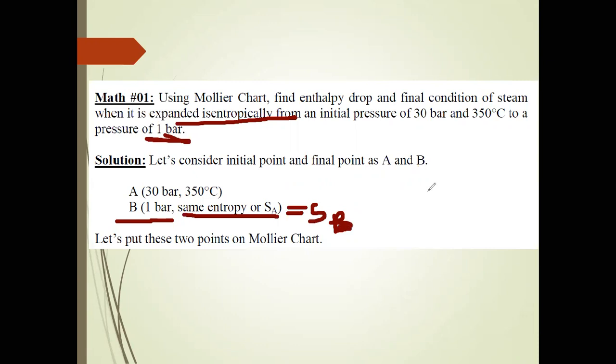Then we will go to the question, the enthalpy drop and the final condition of this steam. But first of all, we need to plot the two points: A point is 30 bar and 350 degrees Celsius, and B is the other point. Let's find them on the Mollier diagram.